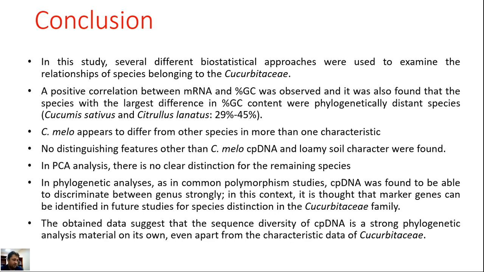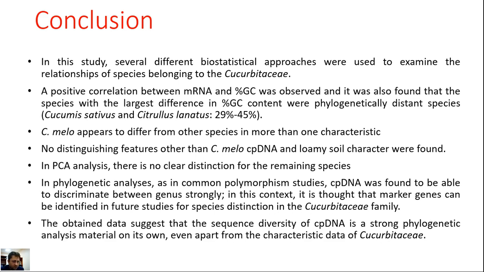And Cucumis melo appears to differ from other species in more than one characteristic. No distinguishing features for other species, but C. melo for cpDNA and other soil characteristics. In PC analysis, there is no clear distinction for the remaining species, but we can easily say that C. melo is very different from other species in principal component analysis.